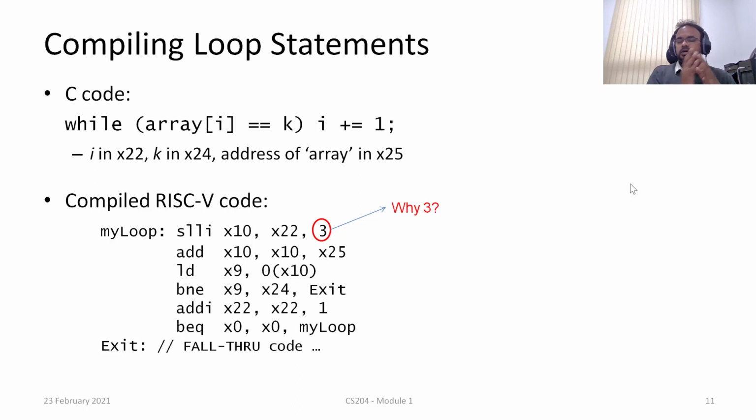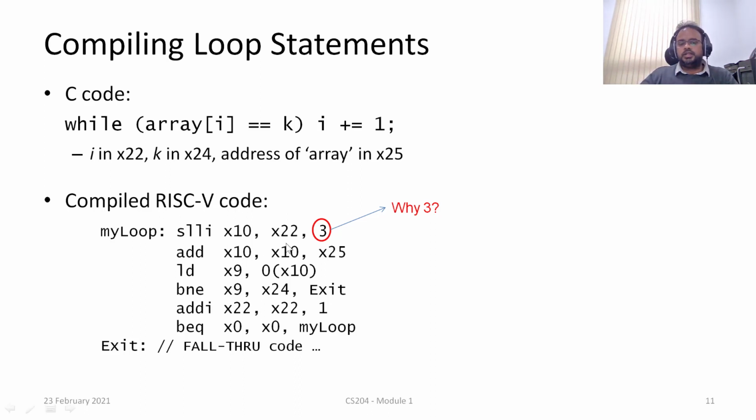If you remember how we calculate array indices at the assembly level, which we discussed a couple of lectures back, we have the base address in x25, and we need to generate the offset so that they can be added and we get that particular element.